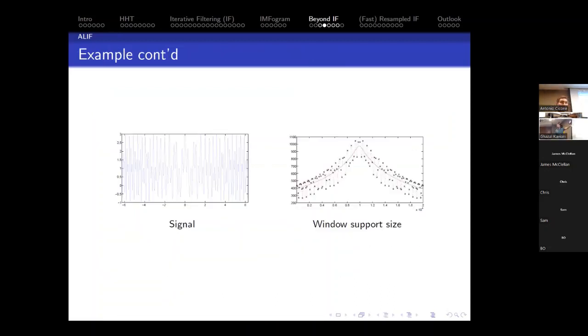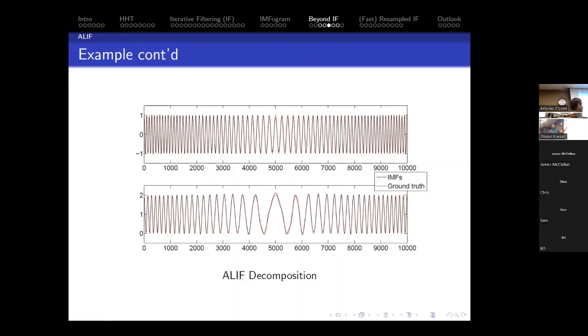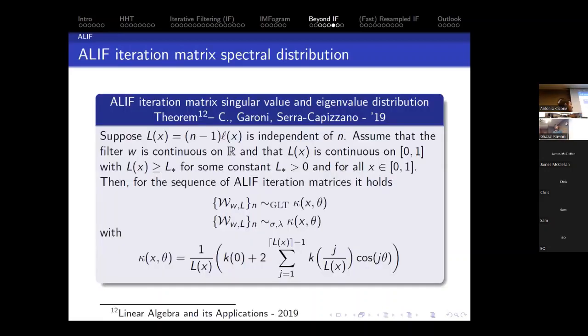It works beautifully. We can let the data tell us what the support of the filter should be. You apply it, it works nicely. Not perfectly, but really nicely. But mathematically, guys, it's a nightmare. So we spent like 4 years trying to prove its convergence without any success. We involved super experts in what is called generalized locally Toeplitz theory, which is a super advanced linear algebra theory developed to generalize Toeplitz theory, to try to guarantee convergence.